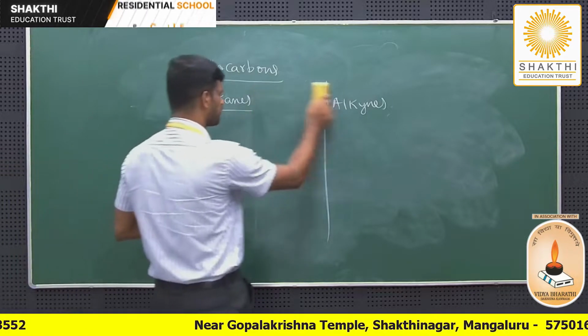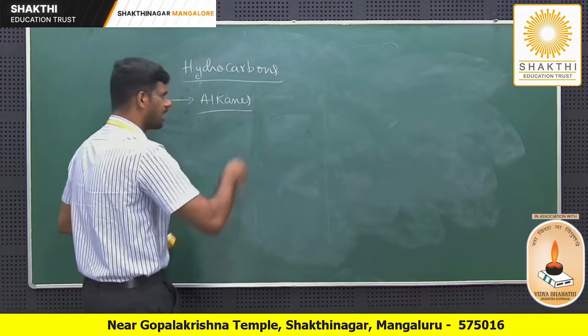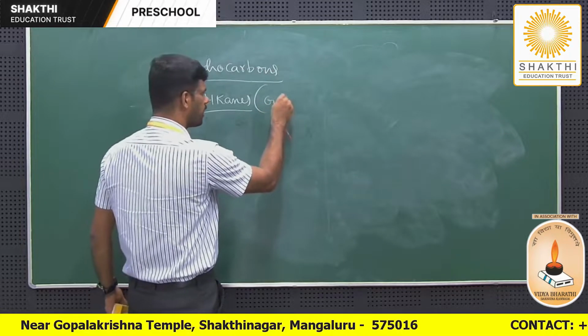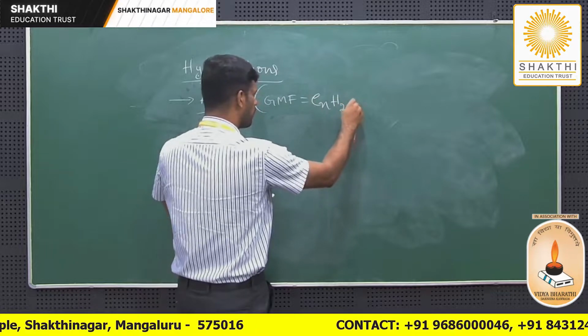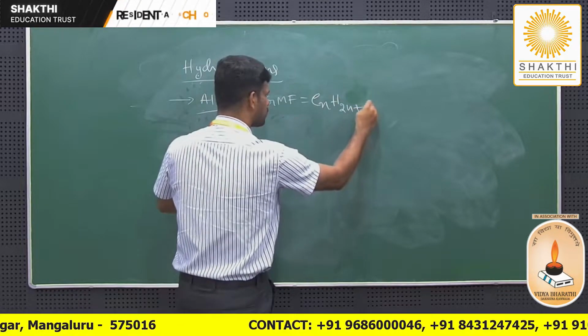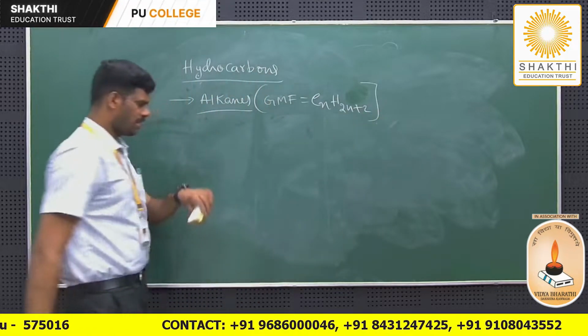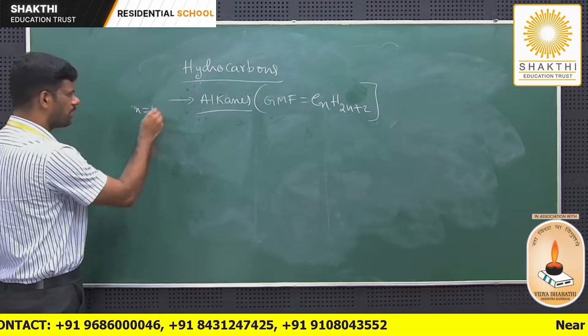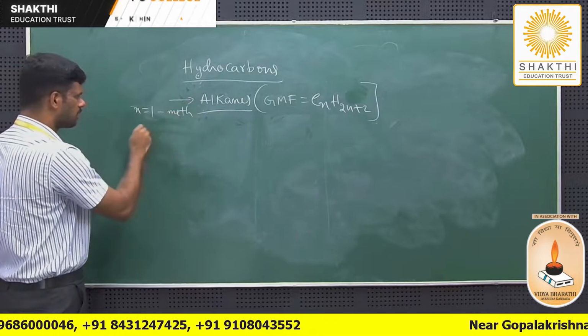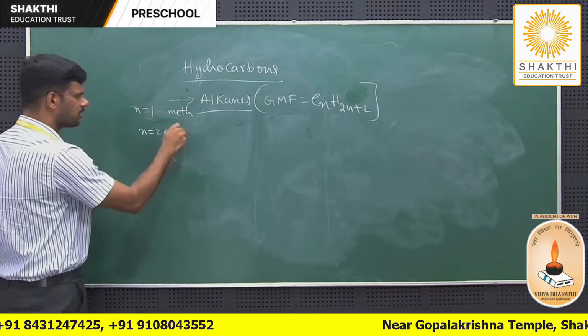Let's begin with the first one, what are alkanes? I say alkanes have the general molecular formula CnH2n+2, where n is the number of carbon atoms. When n is equal to 1, it is meth, n is equal to 2, it is eth.